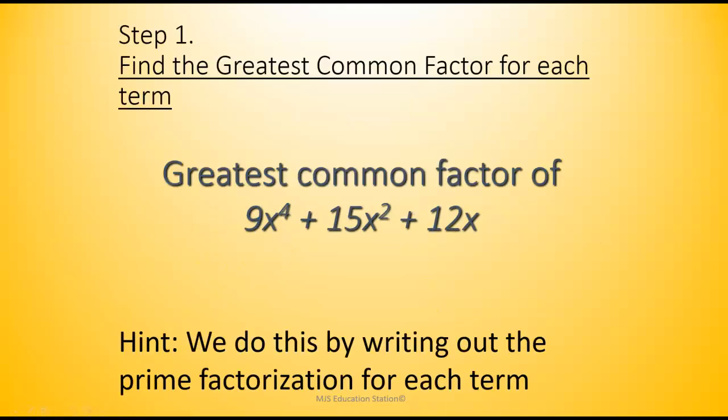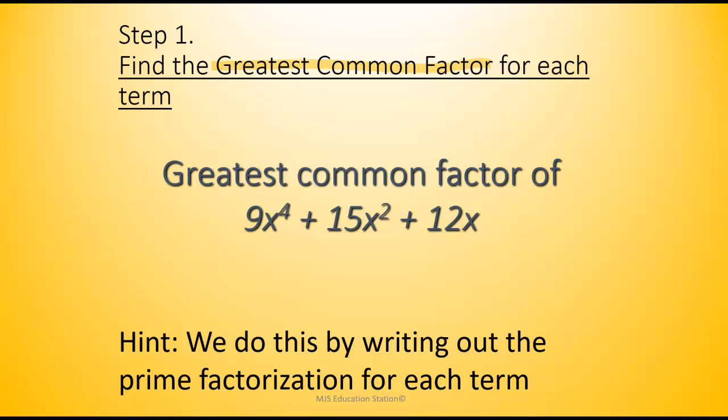A little hint is that we are going to factor this by finding and writing out the prime factorization for each term. So what we're going to be doing is finding the greatest common factor. You might remember this as GCF.